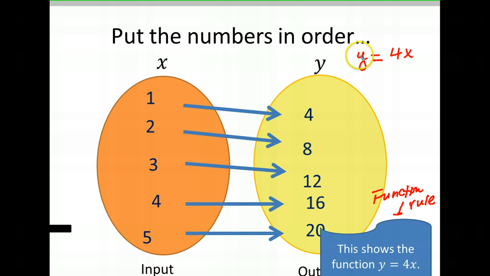That means in order for me to get y, I have to multiply the x's by 4. So if I take 1 and plug it in here, 4 times 1, I will get 4, check. Then we do the same thing to the next element. 4 times 2 we get 8, and then 4 times 3 we get 12, and so on and so forth.